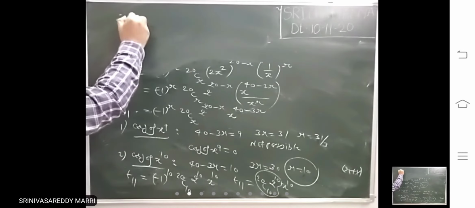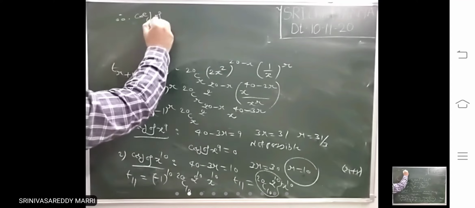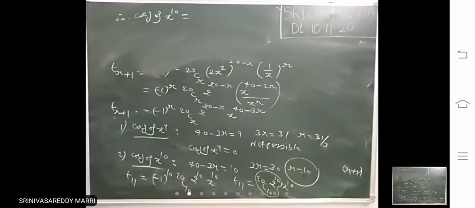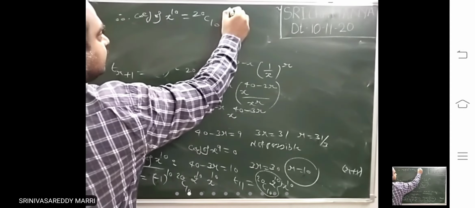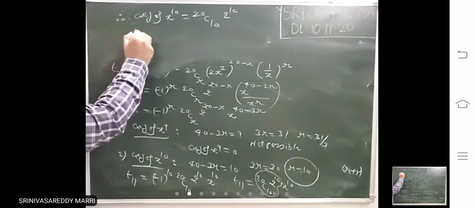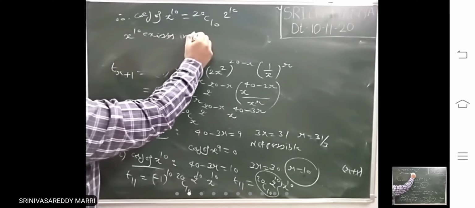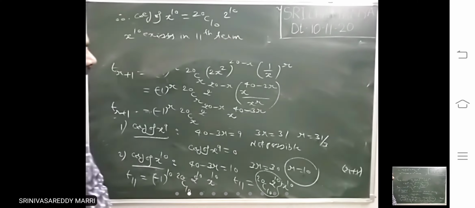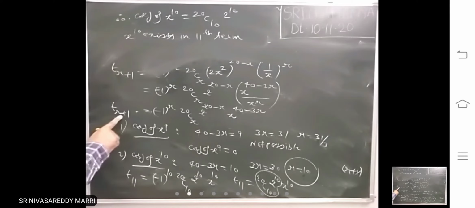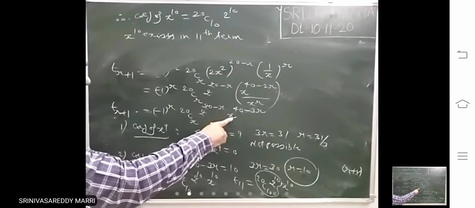Therefore, the coefficient of x power 10 equals 20C10 into 2 power 10. And x power 10 exists in the 11th term. Whenever you are finding the coefficient of x power k, write the general term and rearrange it: constants first and then variables.